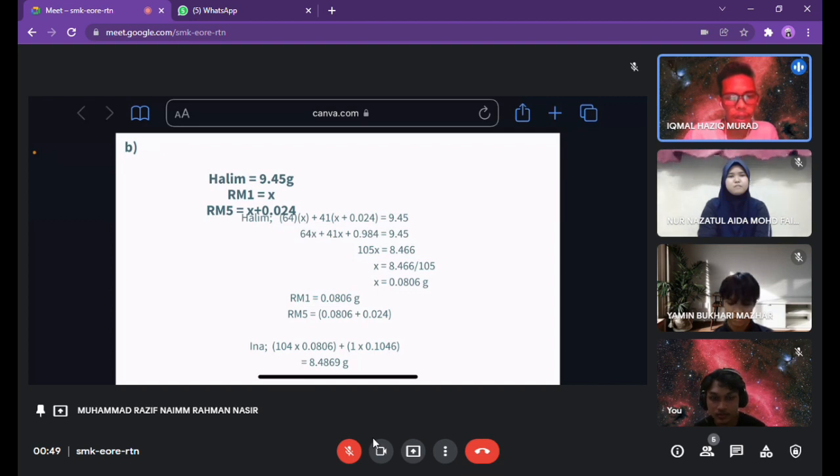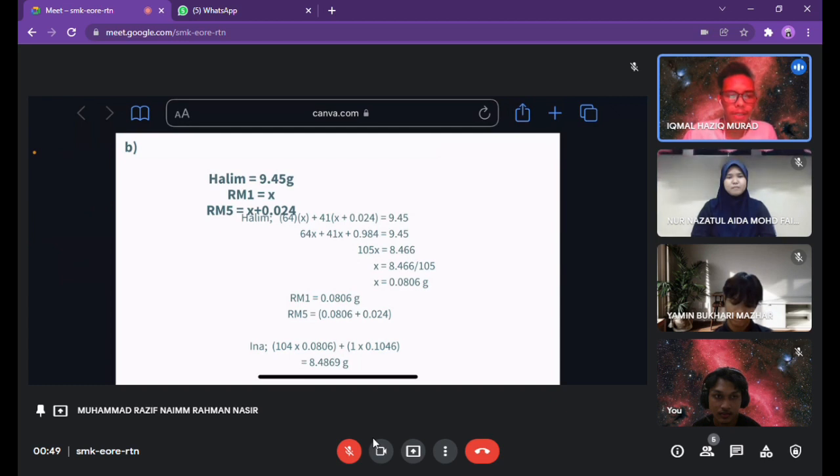So we get X, which is the mass of 1 ringgit, 0.0806 gram. So 1 ringgit mass is 0.0806 gram, and 5 ringgit is 0.0806 plus 0.024, equal to 0.1046.